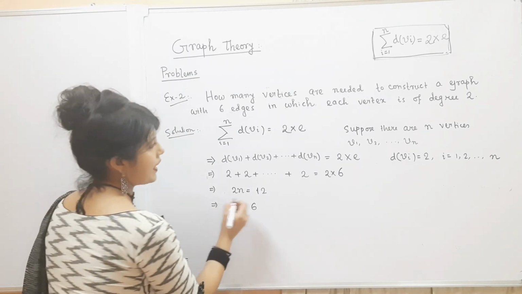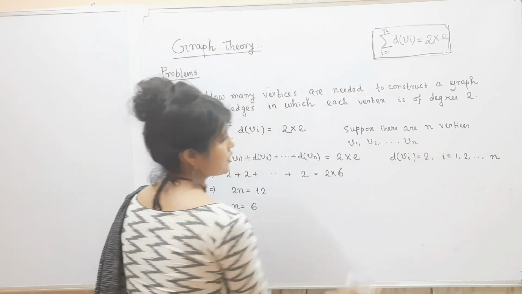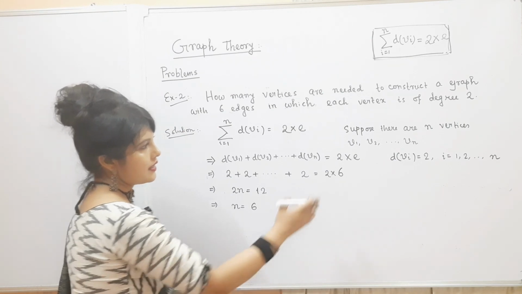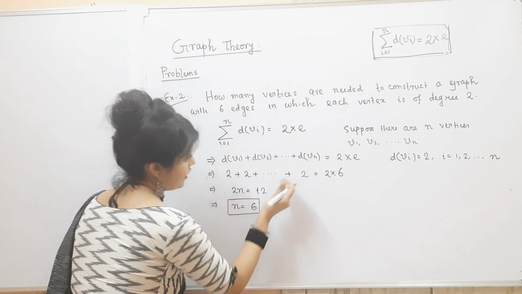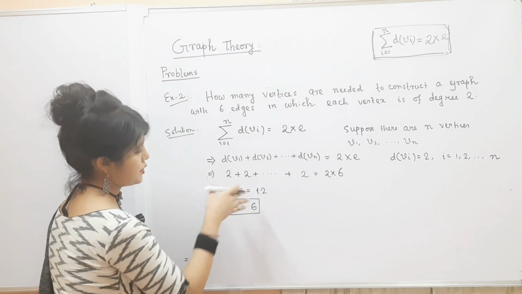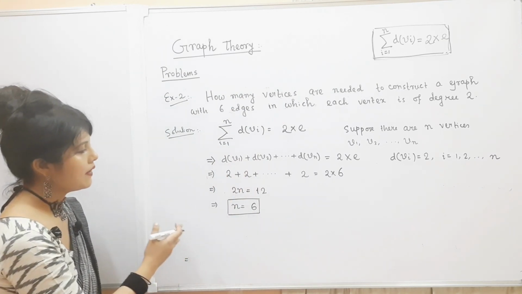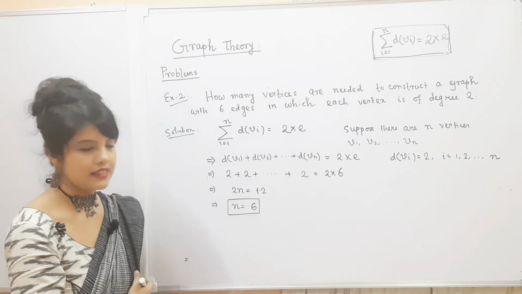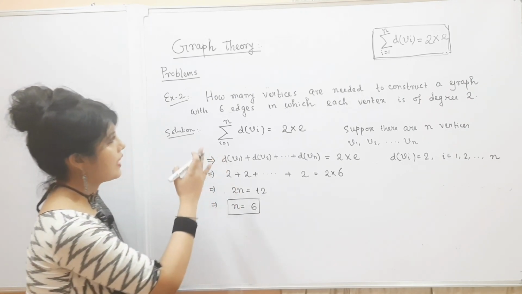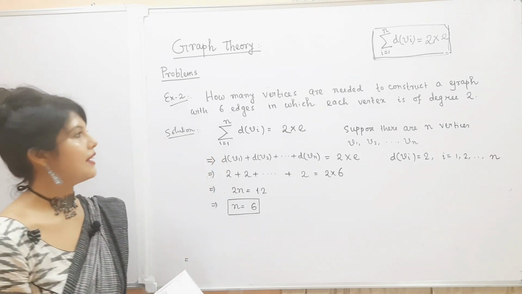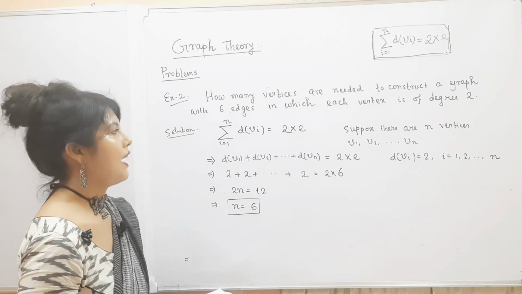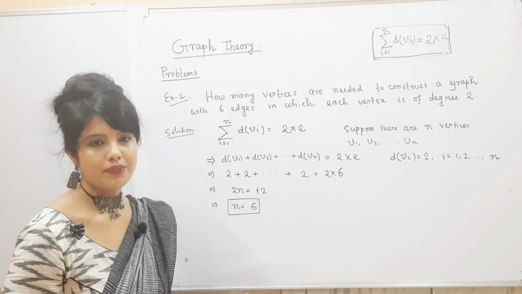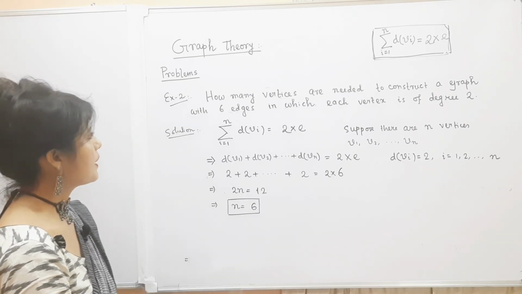So you have to find out the number of vertices. You considered that there are n vertices, and finally, according to this question, after substituting all the values, the number of vertices is 6, okay. So there are 6 vertices in the graph and obviously it has 6 edges, in which each vertex is of degree 2, okay.